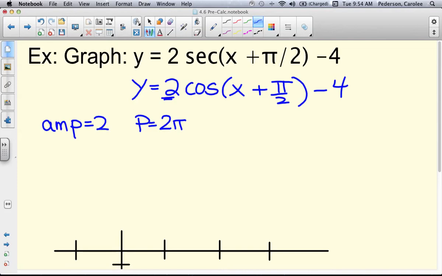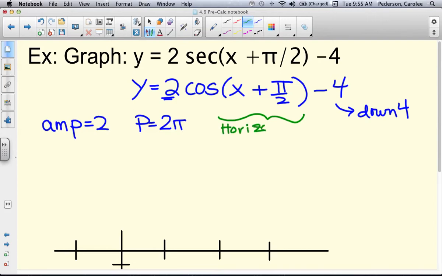Let's go to the end of the equation, minus 4. What does minus 4 tell me? Down 4. So this tells me to go down 4. What does this tell me? Horizontal translation. Yep, there's a horizontal translation.